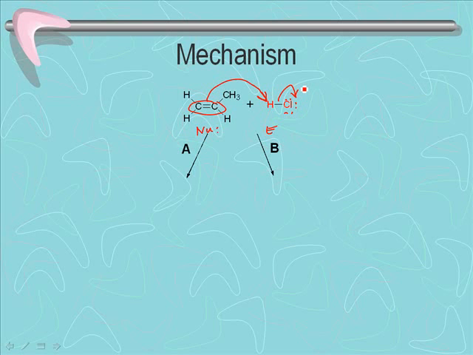One has the hydrogen being bonded to the left-hand carbon. The second one has the hydrogen bonded to the right-hand carbon of the carbon-carbon double bond. If we draw these two structures without formal charges, this would be one of them.